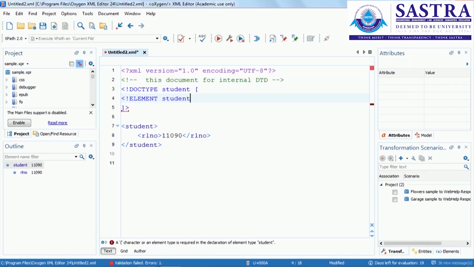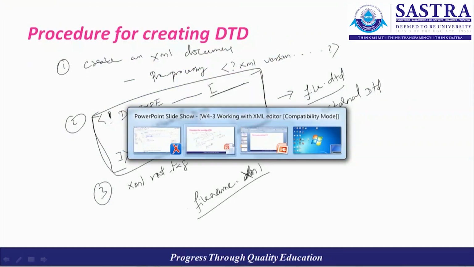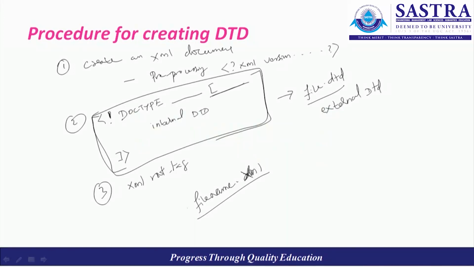As I told you earlier, an element in the XML document can have text, or an element can carry child elements.